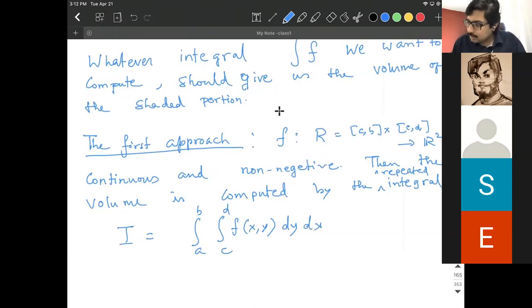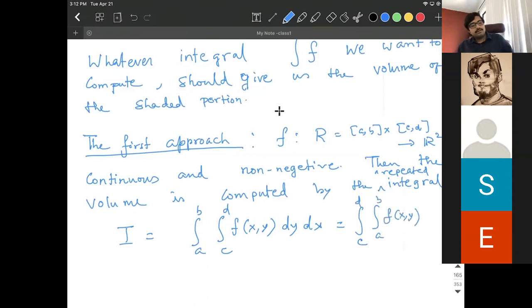Okay, and then it's a fact, because f is non-negative and continuous, that if you switch the order of integration, so now you first integrate along [a, b], treating f(x, y) completely as a function of x, and then plugging in the constants a and b, and then integrating along y.